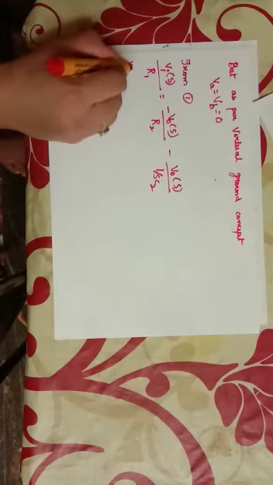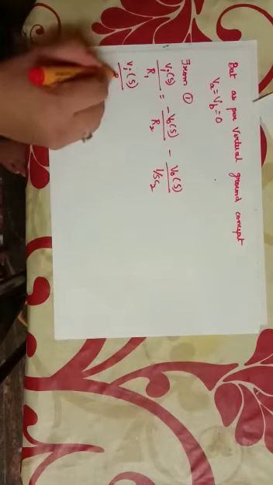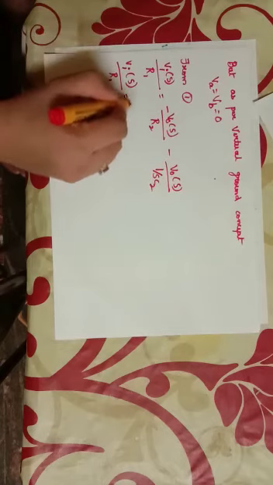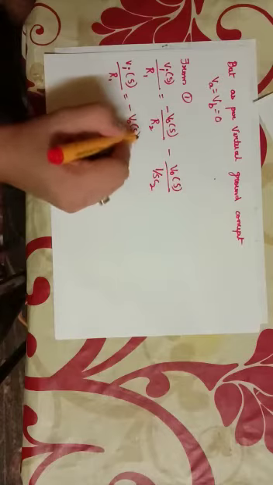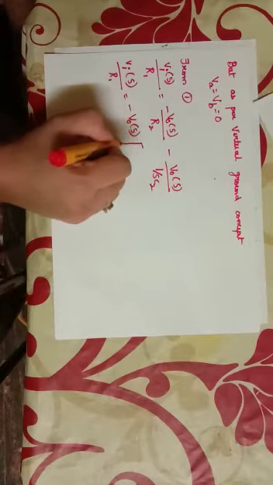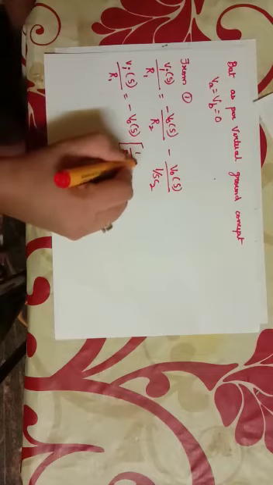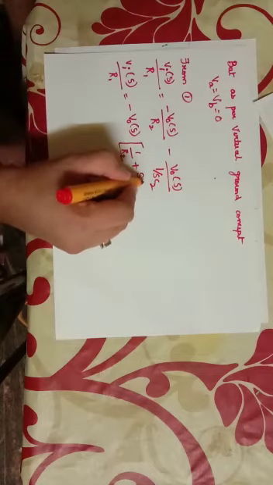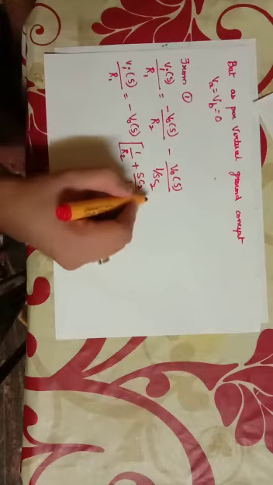Then Vi of S divided by R1, that is equal to minus V0 of S into 1 by R2 plus SC2 divided by 1.